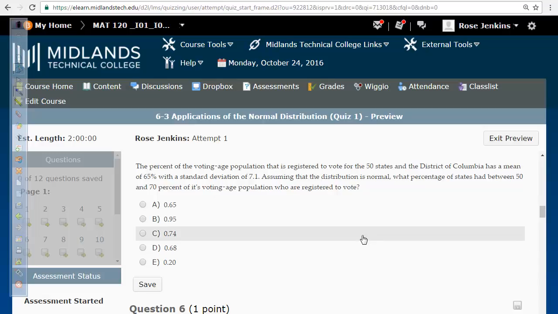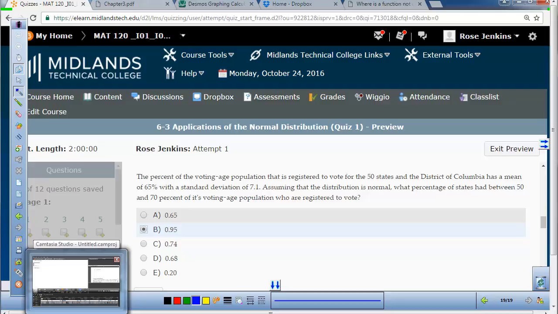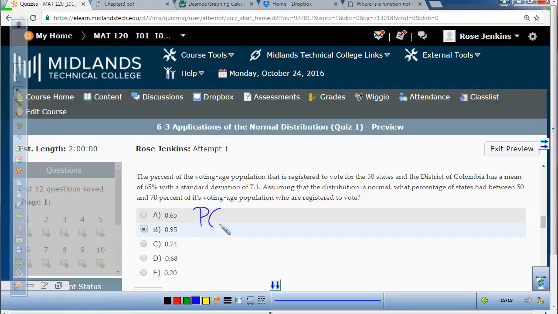So I'm going to write that down. The probability that 50 is less than X is less than 70.